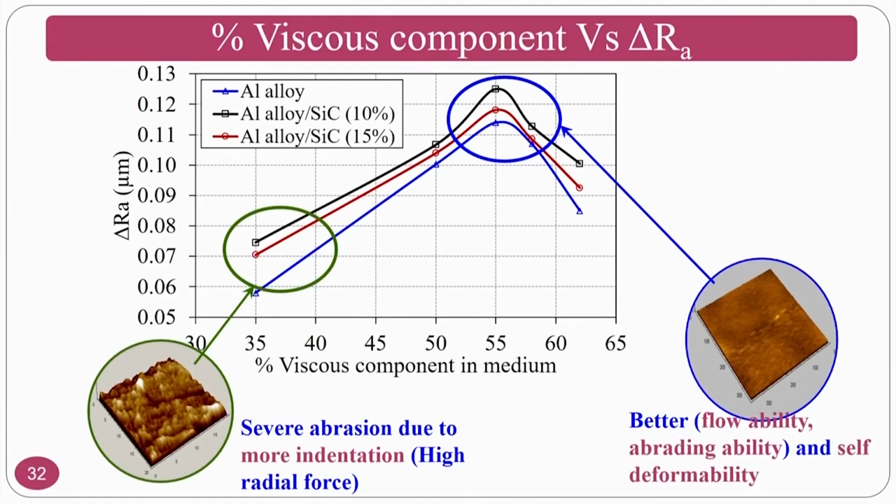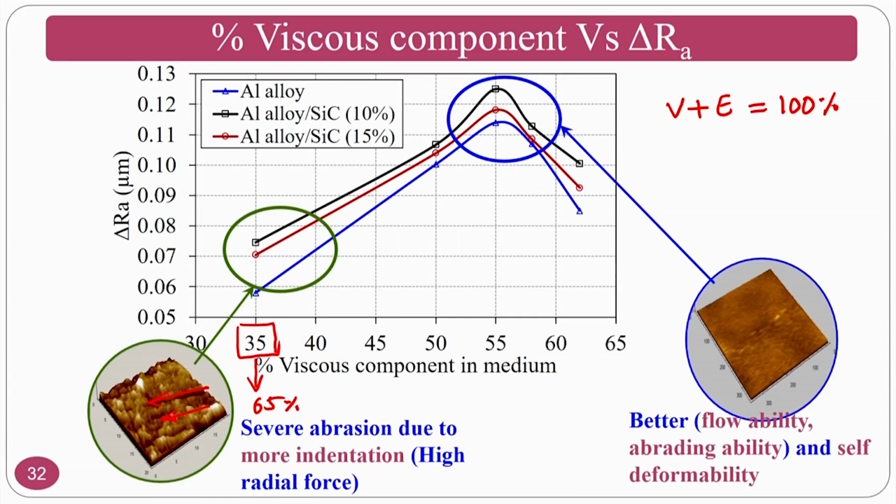If you see the effect of rheology on the finishing of the medium, viscous component plus elastic component is considered to be 100% in a viscoelastic medium. If you have 35% of viscous component, that means 65% will be your elastic component. That means the elastic component is too high, because of which it is not only shearing the peaks, but also creating its own scratch marks.